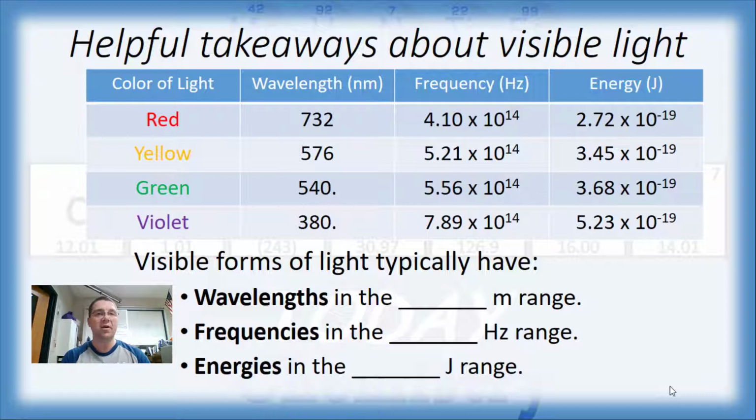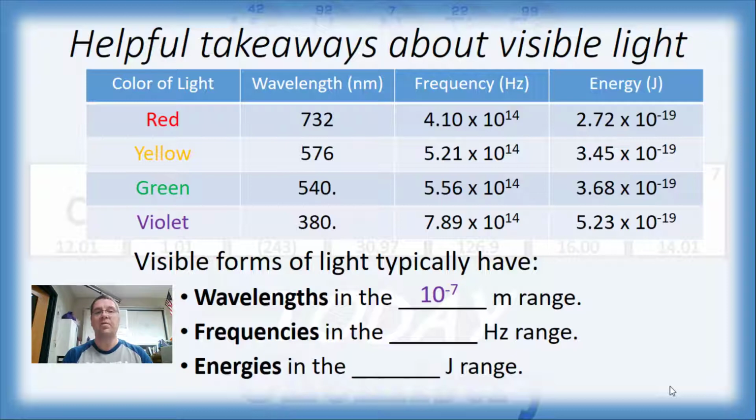Well, remember, a nanometer is 10 to the negative 9th meters. And if we express this in standard scientific notation and in units of meters, this would equate to all of those wavelengths being in the 10 to the minus 7th meter range. So anytime you see an electromagnetic wave that has a wavelength in the 10 to the minus 7th meter range, you can assume that it's quite possibly a color of visible light.